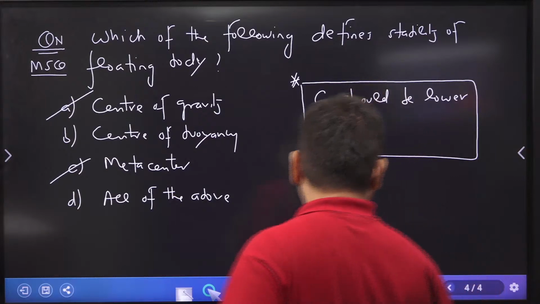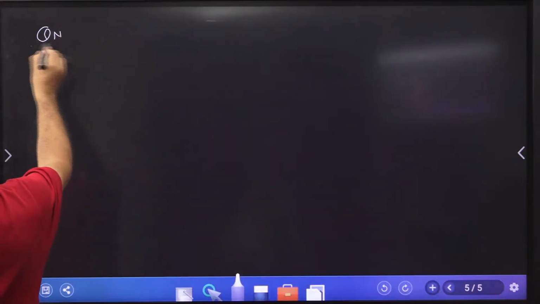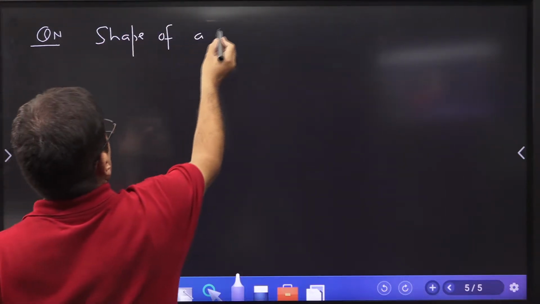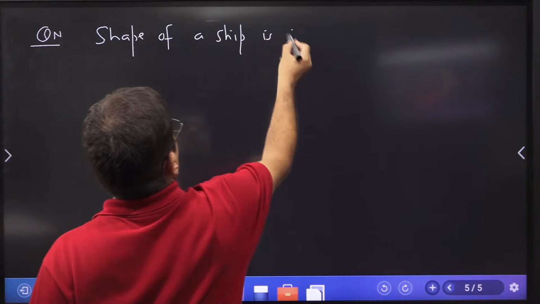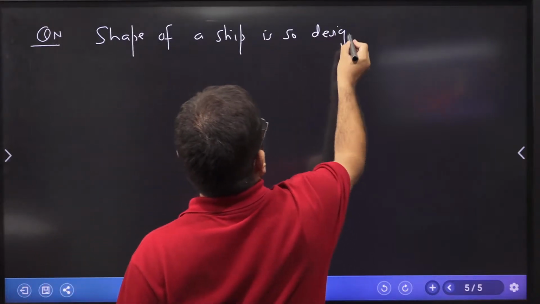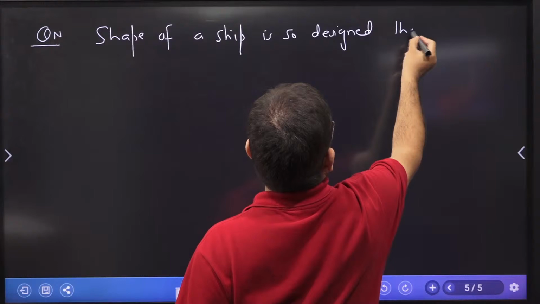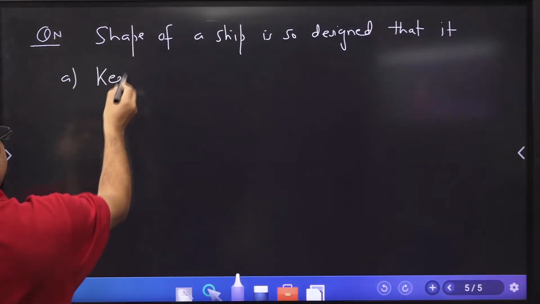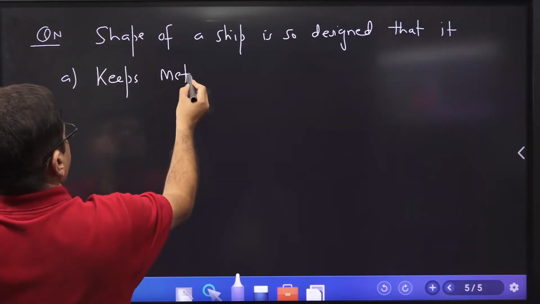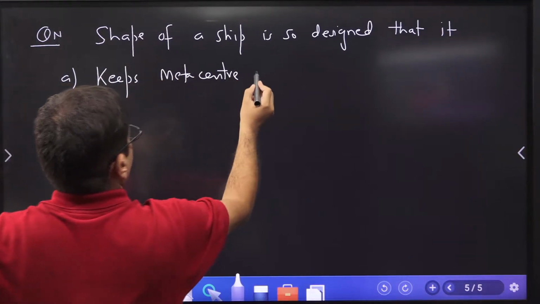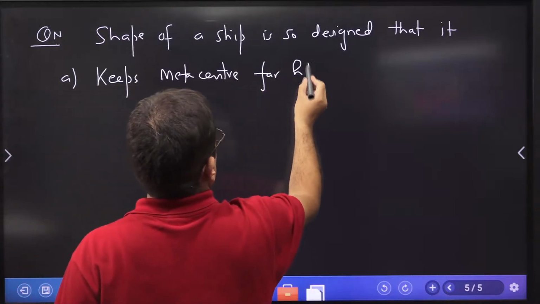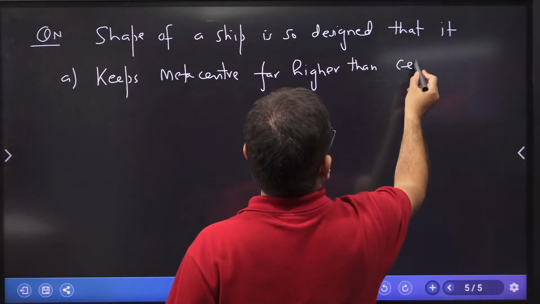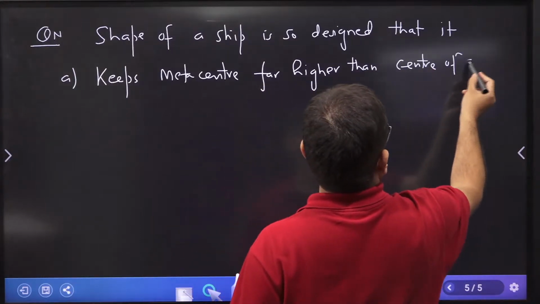Let me frame another question for you. Shape of a ship is so designed that it, choice A, keeps metacenter far higher than center of gravity.